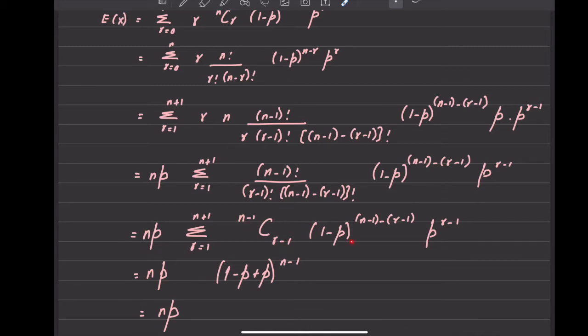The rest I've copied as it is. If you look at the summation term, you'd identify that this is a binomial expansion of a, which is 1 minus p, and b, which is p, to the whole power n minus 1. So I can write it down as (1 minus p plus p) to the power n minus 1, which simplifies to 1 to the power n minus 1, or 1. Hence the final answer for the expectation is n times p.